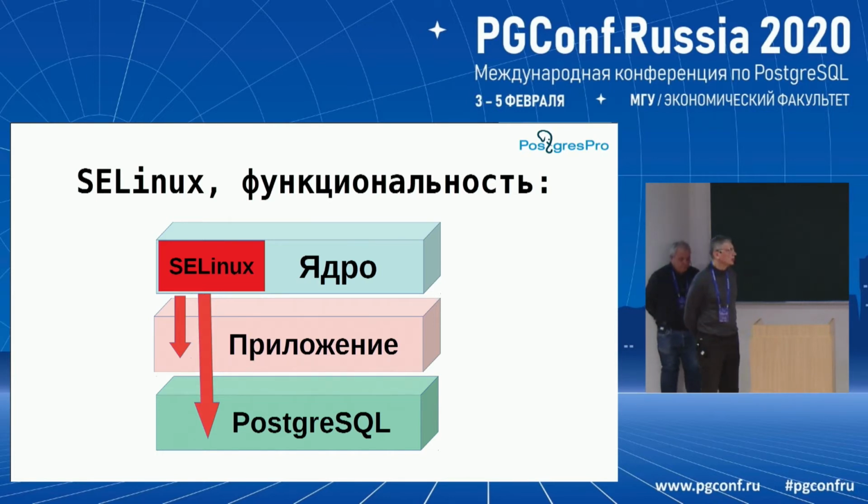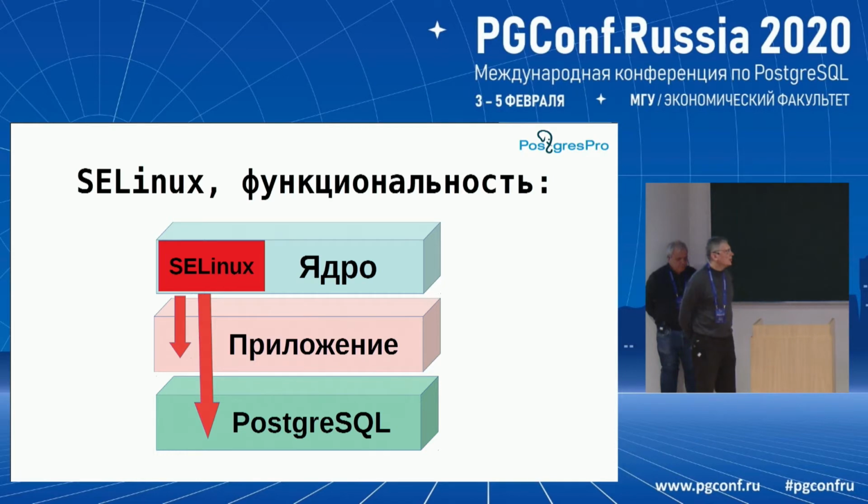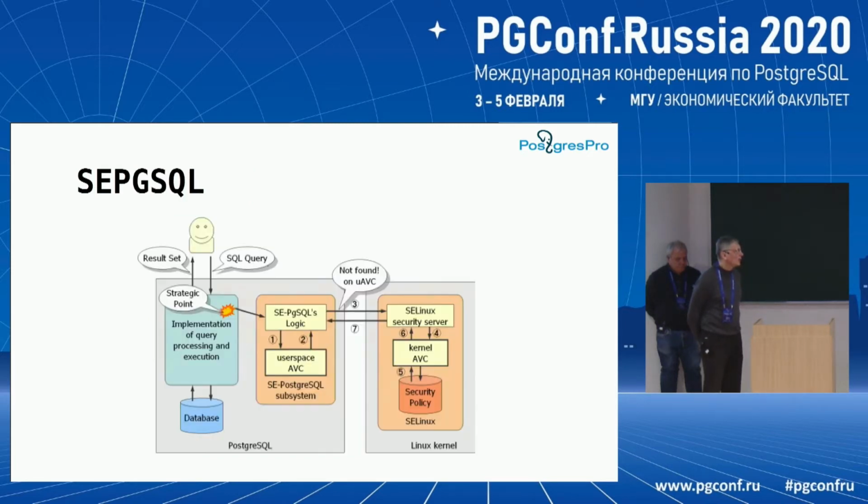And if discretionary rights do not authorize access, the mandatory ones do not even start considering these requests. SELinux is a subsystem, so it's necessary to check the users of the operating systems and the users of SELinux system.